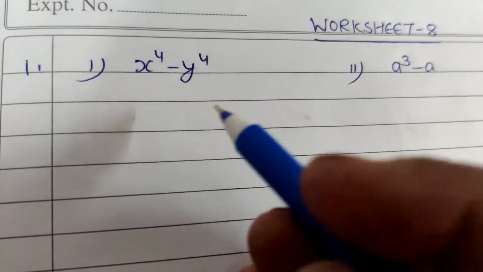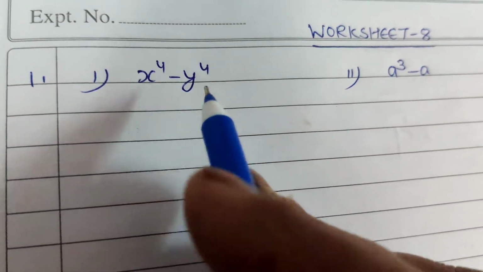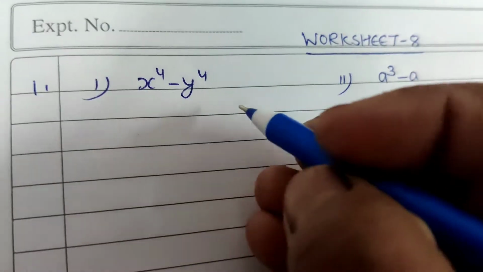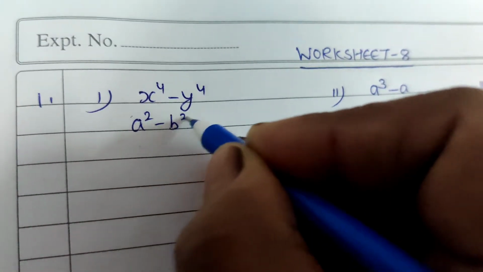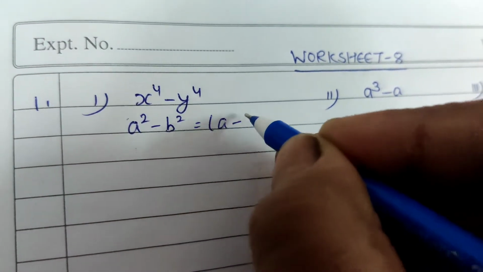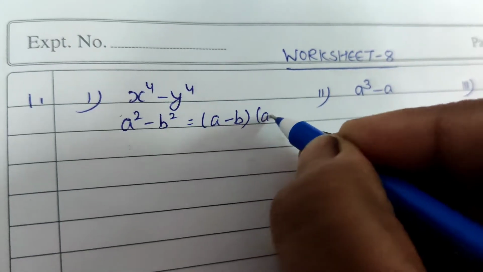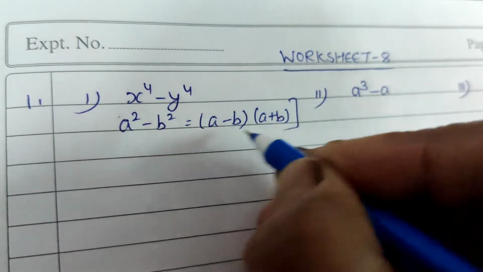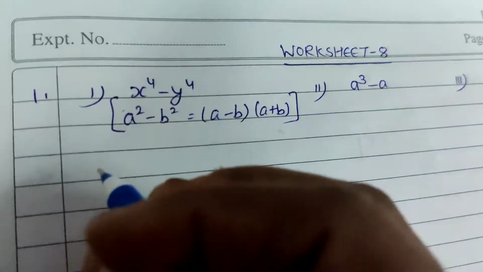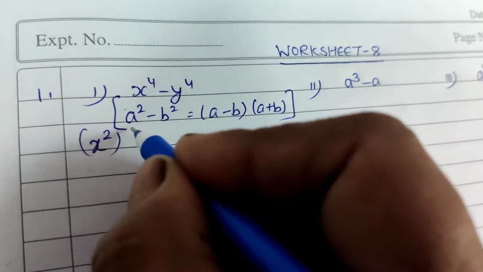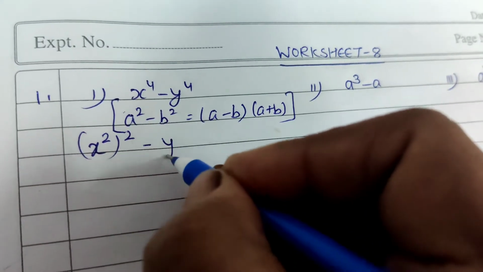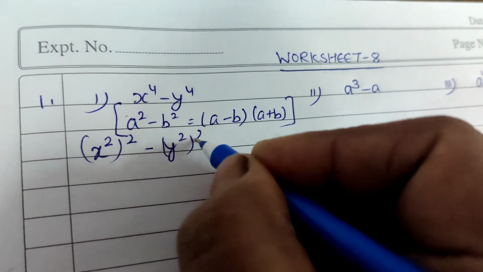The first one is x raised to power 4 minus y raised to power 4. We can use the identity a square minus b square, which is equal to (a minus b) and (a plus b). Now x raised to power 4 is the square of x square and y raised to power 4 is the square of y square.